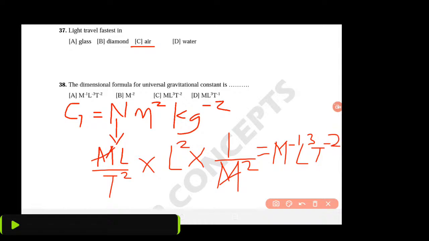That's the dimension of universal gravitational constant. But in the options, there's no correct option there. So the correct answer is M raised to power minus 1, L raised to power 3, and T raised to power minus 2.